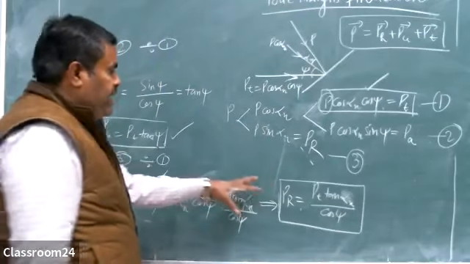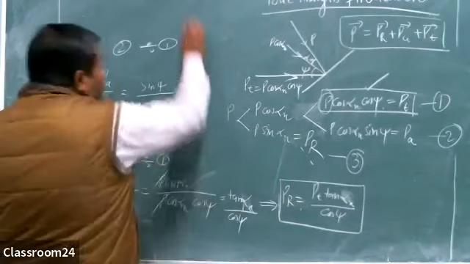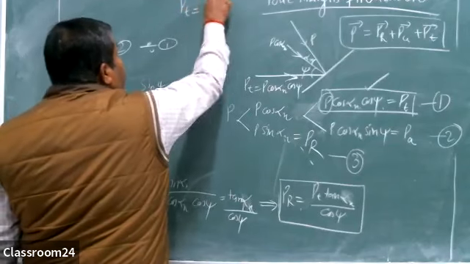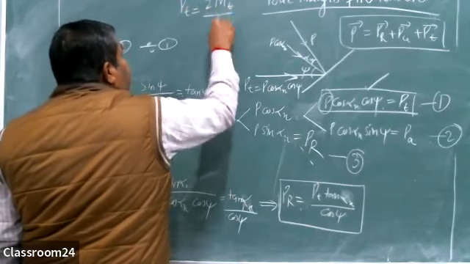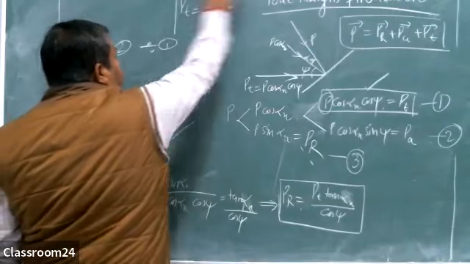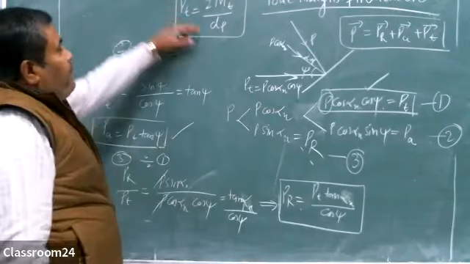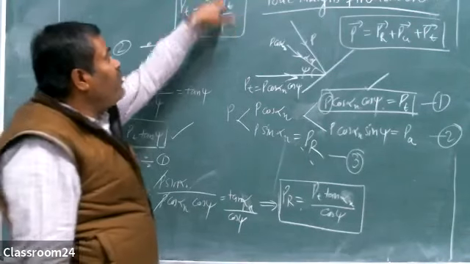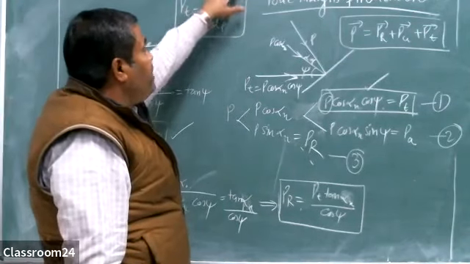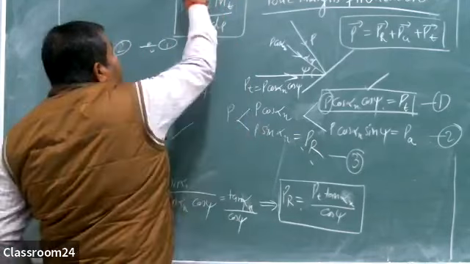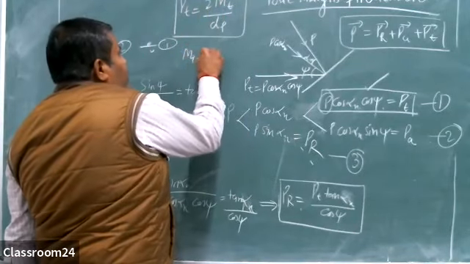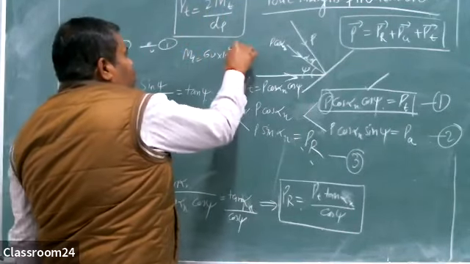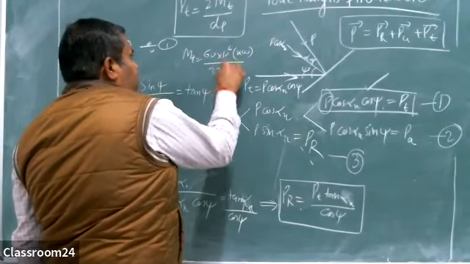If we know PT, we can find PA and PR. How can we find PT? PT can be found as 2 times torque divided by the pinion diameter or the gear diameter. We can find the torque MT from the relationship of power and RPM: MT is given by 60 times 10 to the power 6 times power in kilowatts divided by 2 pi n.